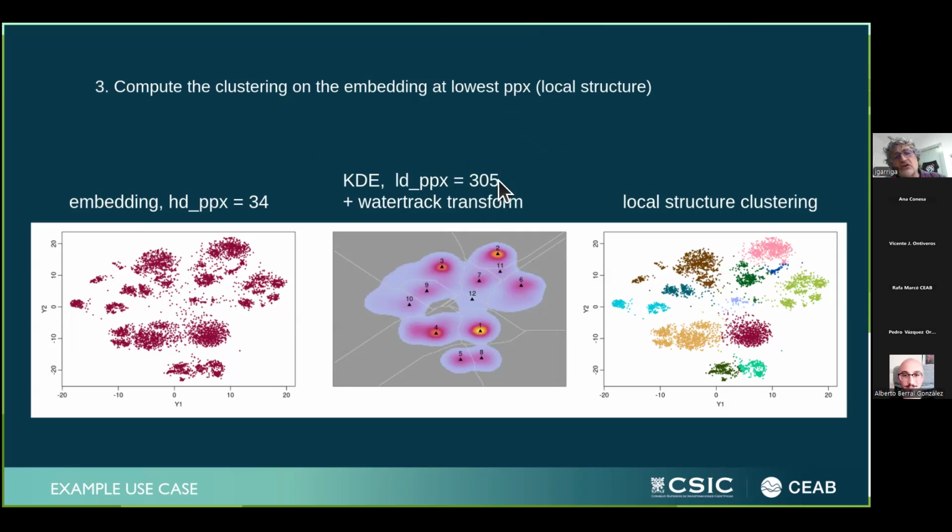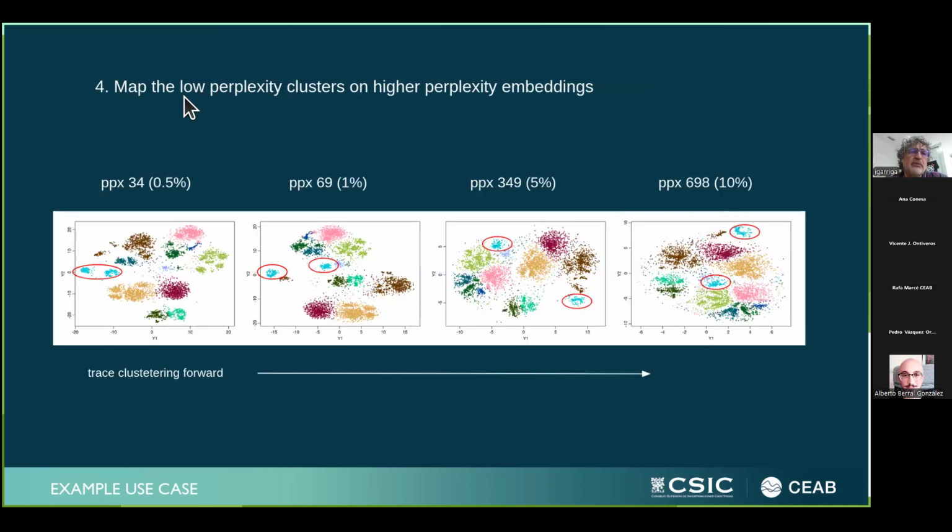So we make the clustering using this value of perplexity, and we get these labels, these clusters. Then we can overlay these clusters on the embeddings that we have done with higher perplexities. And we observe that, for instance, these two groups that have been clustered together, when we look at the structure at higher scales, we can see how they move apart.